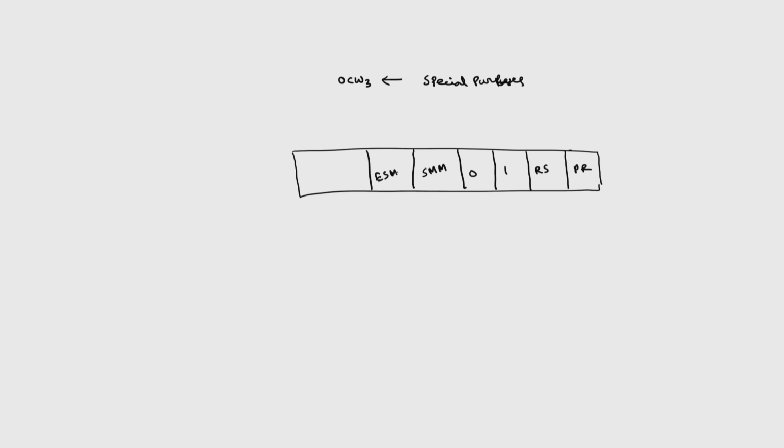Then D7 is 0. This is D0, D1, D2, D3, D4, D5, D6, D7. Then by default A0 is 0.